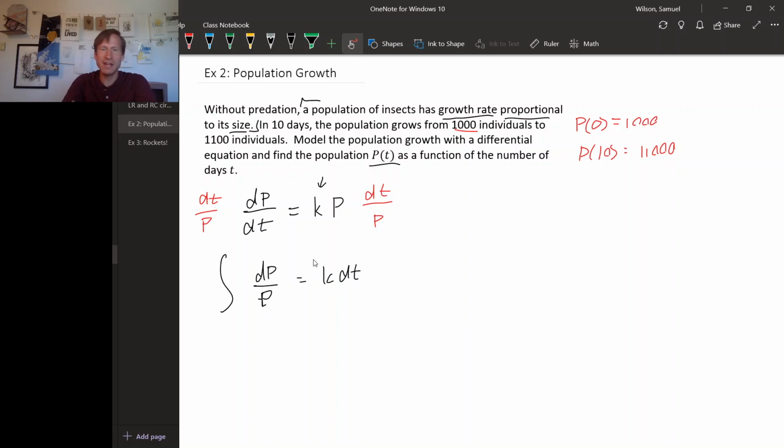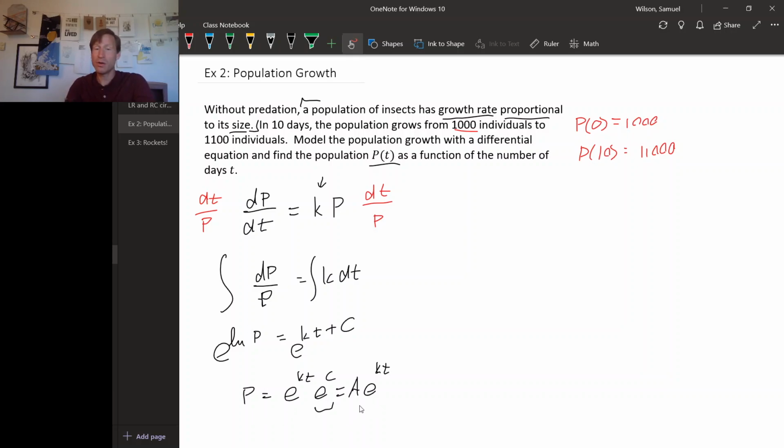So then we're going to integrate. We get natural log of p is k times t plus a constant. Now exponentiate. We get p is e to the kt times e to the c, and as usual, I'm going to rename e to the c A, so A e to the kt.